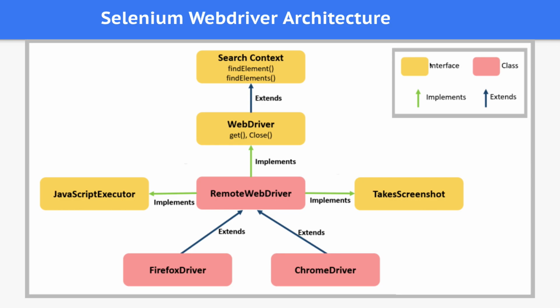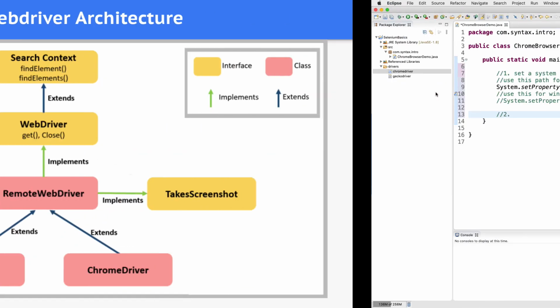So how can we create the object of the WebDriver type? We will create the object of the child class and give it a reference to our parent. Our ChromeDriver is a class. If it is a class, we can create the object.